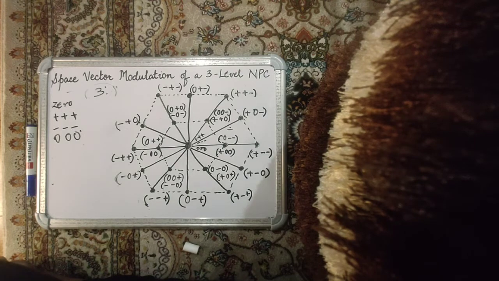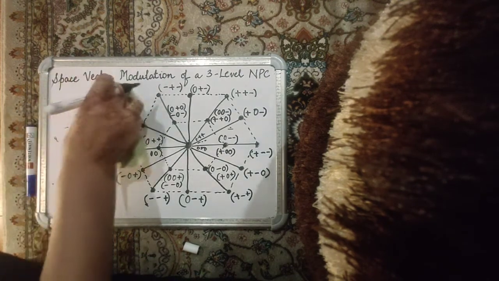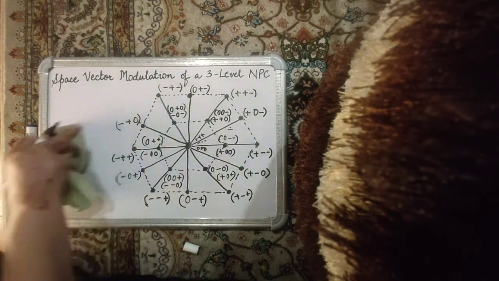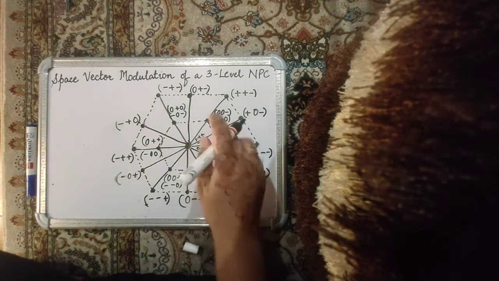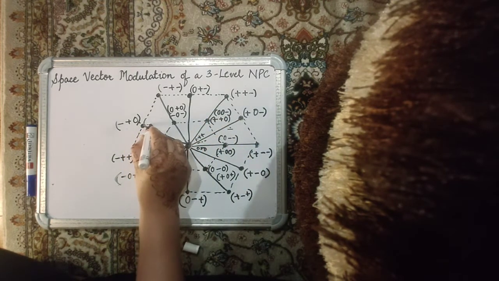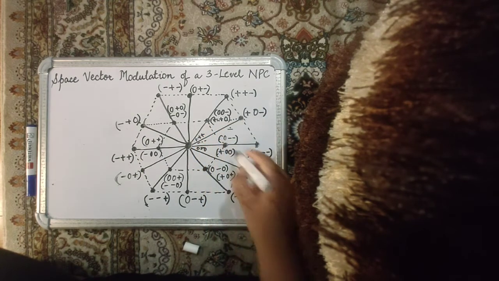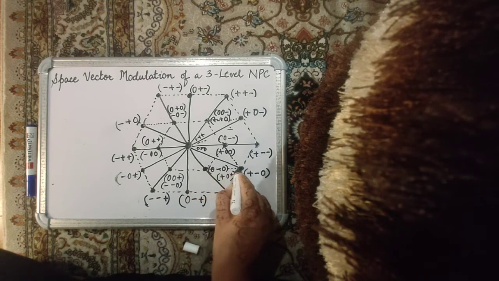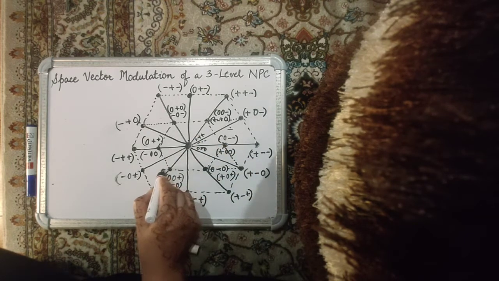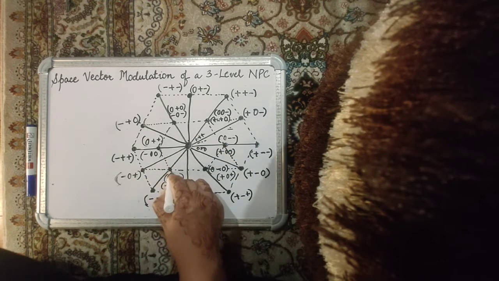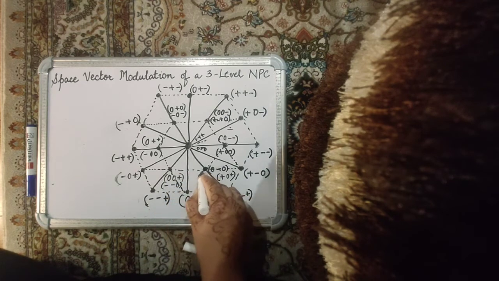Now if you take up one sector, basically when you do this hexagon, you try to redraw it a bit like this. You make small triangles in it. The inner hexagon is extended to make small triangles.